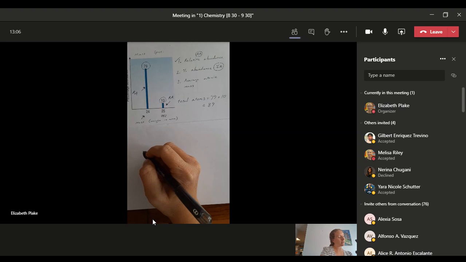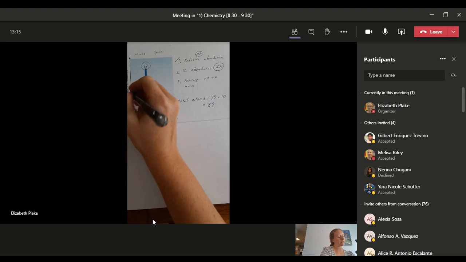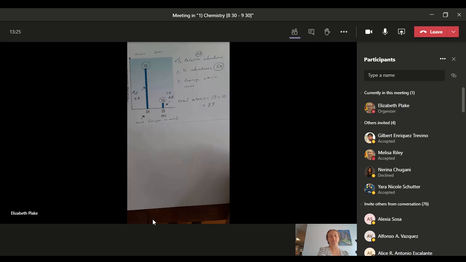So whenever you're calculating percent abundance, you still have to calculate the percent abundance for each different isotope on this chart. So this line is going to need a percent A, and this line is also going to need a percent A. Since I have two different lines, I need two different answers.